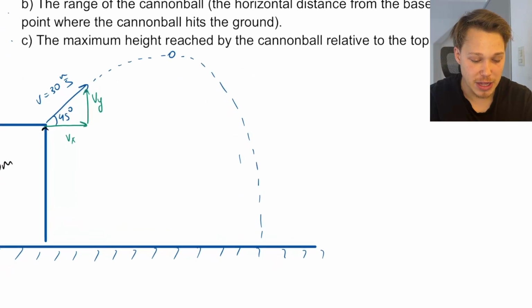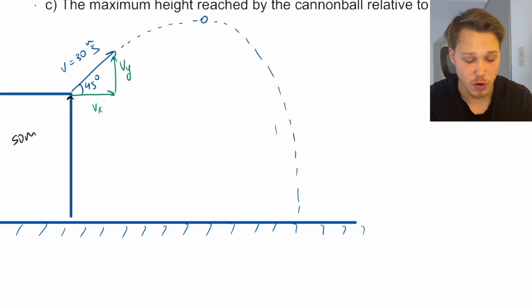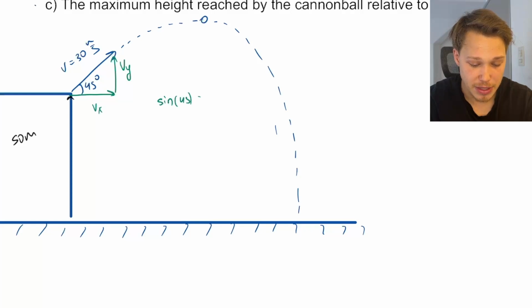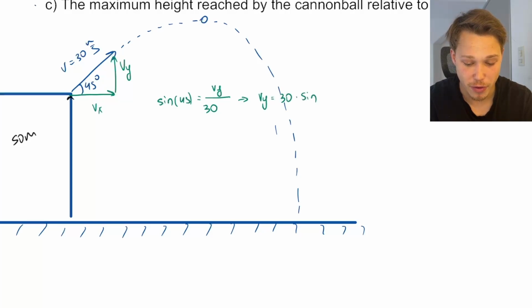That is, if the velocity is at an angle, you always look for its x and y components. So sine of 45 degrees is equal to the opposite side Vy over the hypotenuse 30. If we multiply both sides by 30, we'll have 30 times sine of 45, which is equal to 21.2 meters per second.